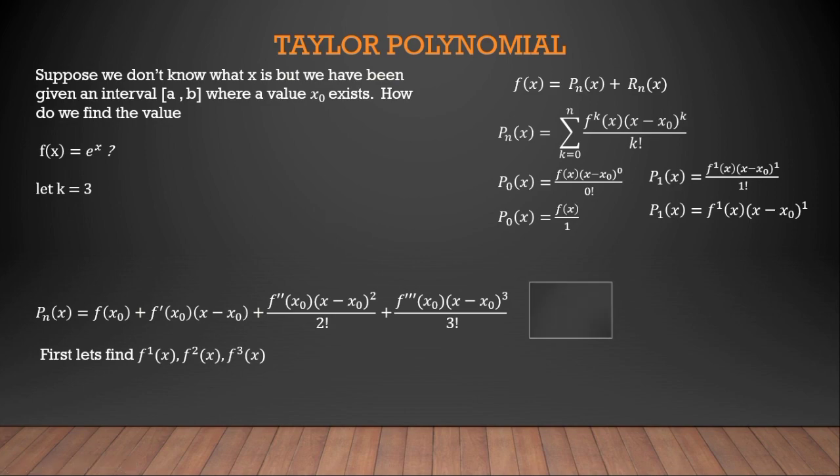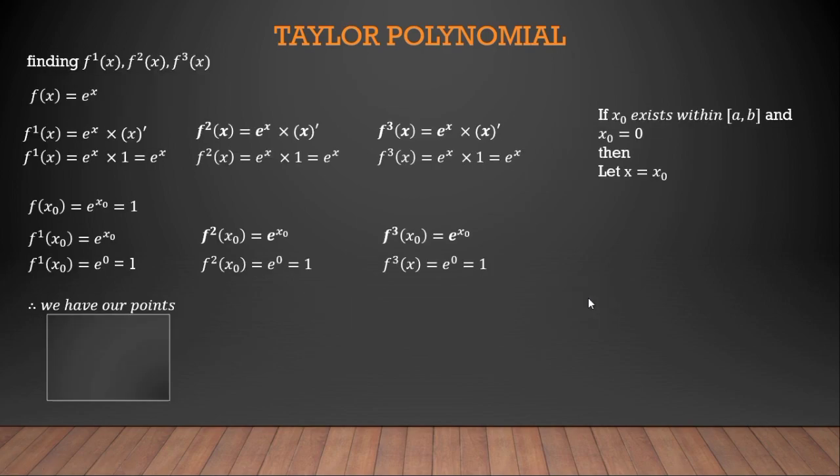Okay, so we have that type of guy. Great, finding f1 of x, f2 of x, f3 of x. So we know that f of x is equal to Euler's constant to the power x, right? So the first derivative, using the formula for finding the derivative of this guy, is just e to the power x, right?